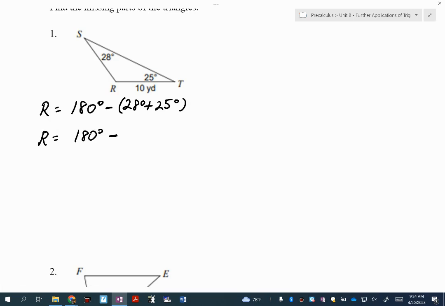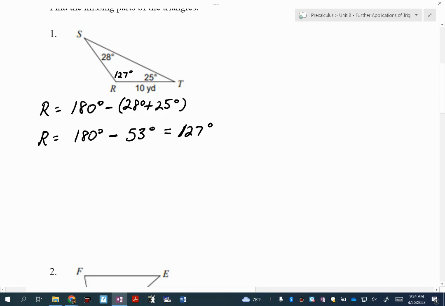We have 28 degrees plus 25 degrees, so that's 53 degrees. Then 180 minus 53 is 127. Yep, that looks good. So angle R is 127. That's one of the pieces that we're trying to find.